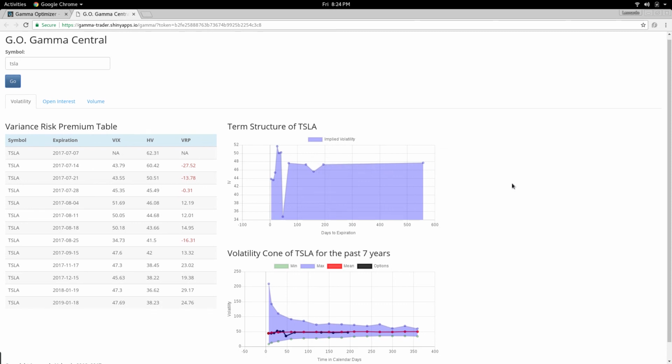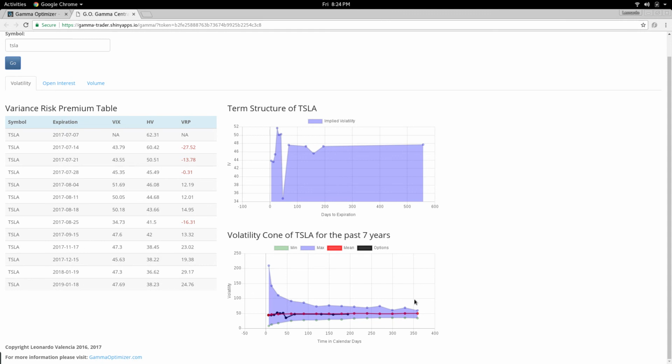And the volatility cone is also showing how options are pretty much priced right there on the historical mean, with the exception of the outliers. So the option dealers are being kind of practical, and they are just pricing the options to whatever the mean was. So it's kind of fair price options right here.